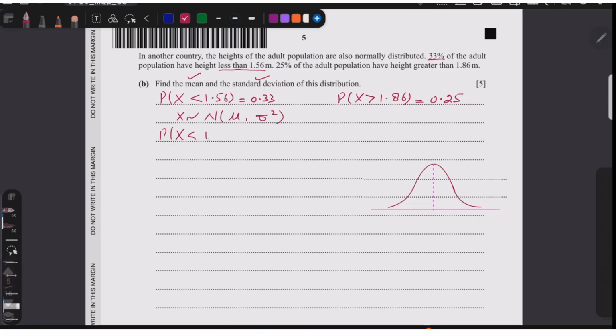Probability of x less than 1.56 minus mean over standard deviation is equal to 0.33. It's better to suppose this value is equal to A, and we apply this information to the bell curve.